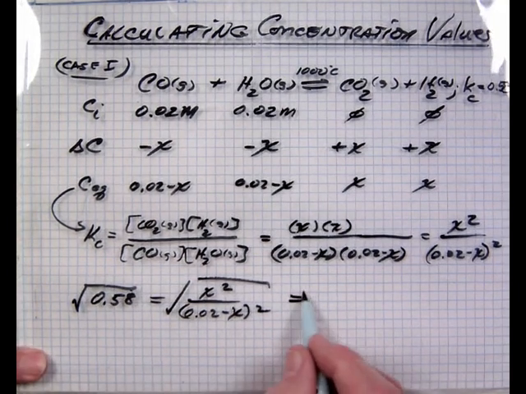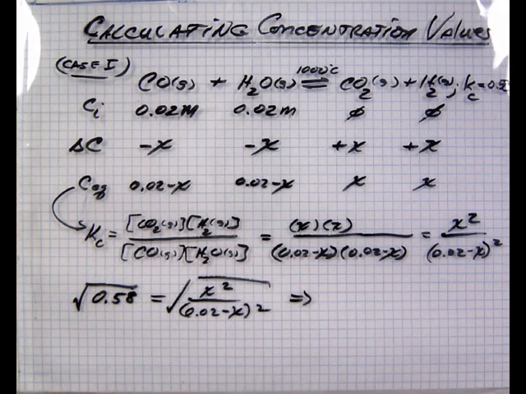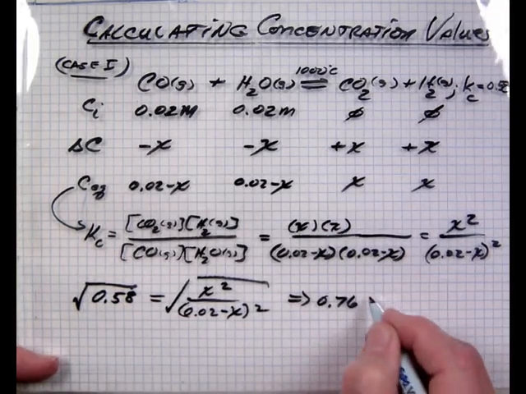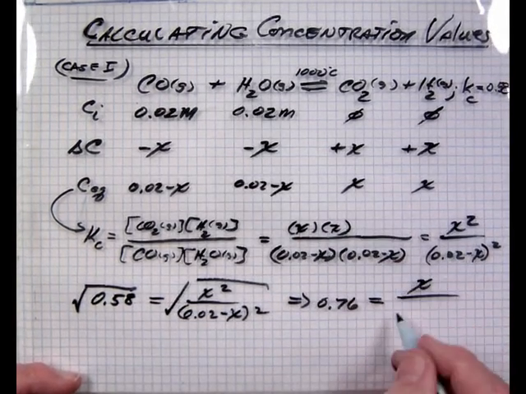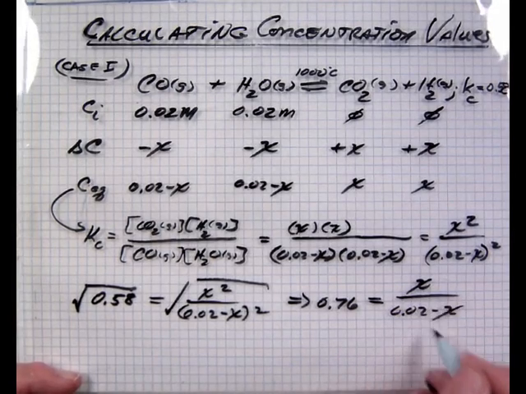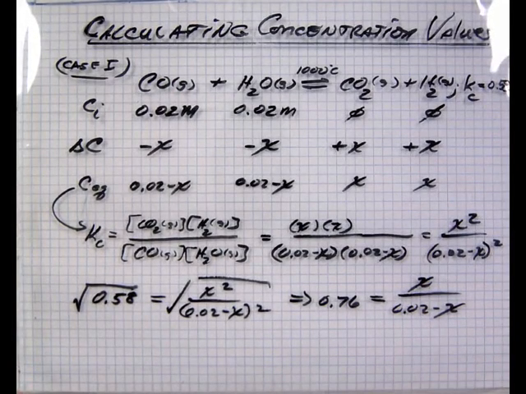This reduces very quickly to 0.76 equals x over 0.02 minus x. That is one equation that can be solved in one unknown. It's linear.